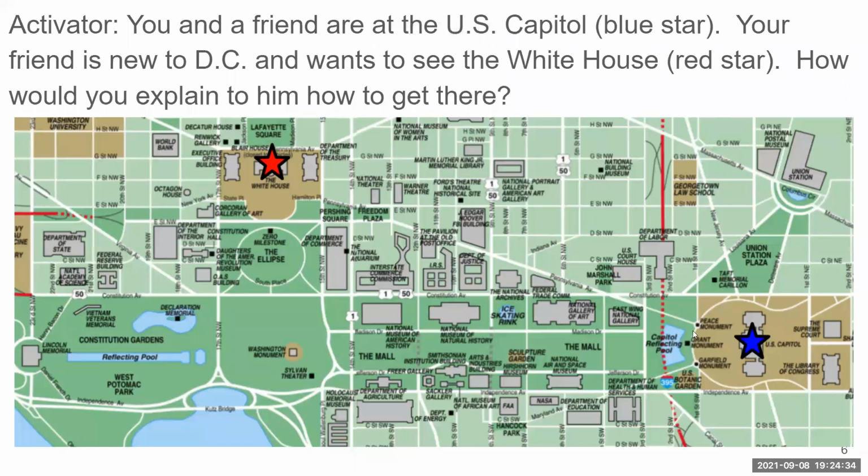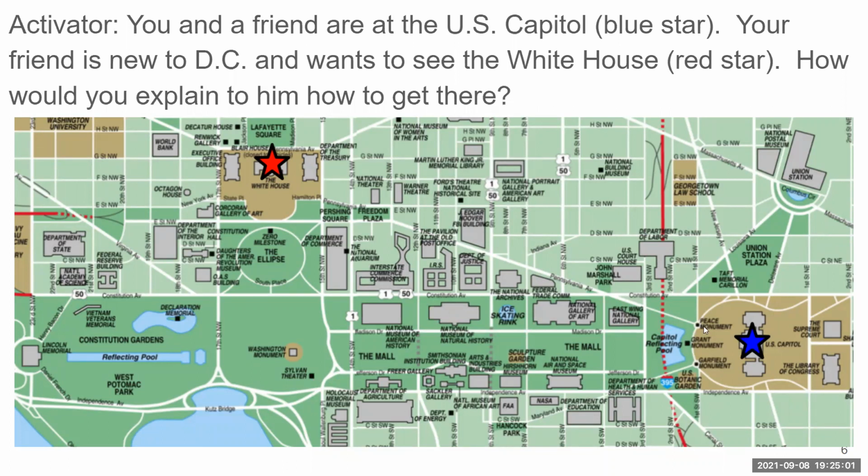So common things were starting here at the Capitol and maybe taking Pennsylvania Avenue down to the White House. Some great comments about making sure you understand that at Freedom Plaza, Pennsylvania Avenue doesn't cut through there. So you really do need to give directions on how to get around that plaza in order to get to the location.